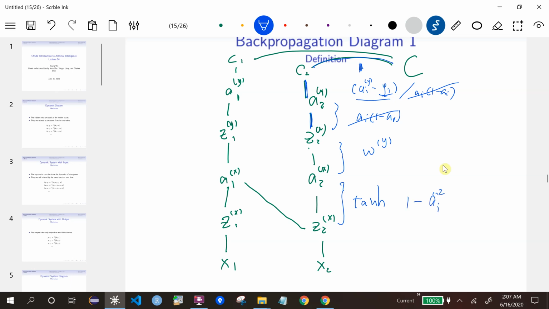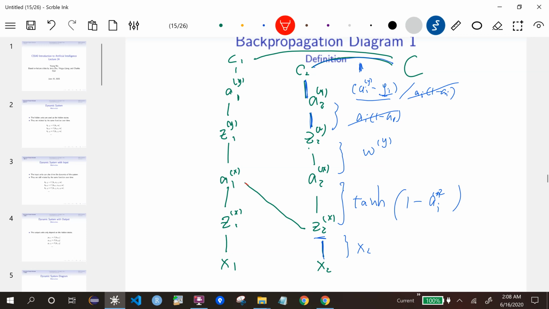And suppose we want the derivative here, we get our first chain, and the derivative of z with respect to some w that we want is just our x2 or x2j, depends on which one we want. Okay, that's our first chain.